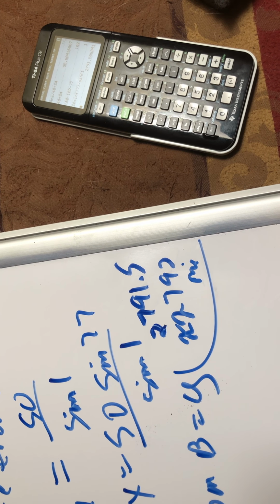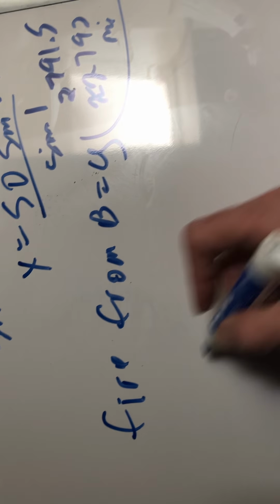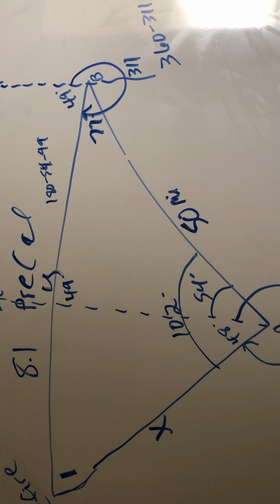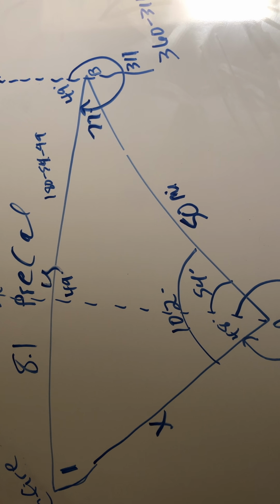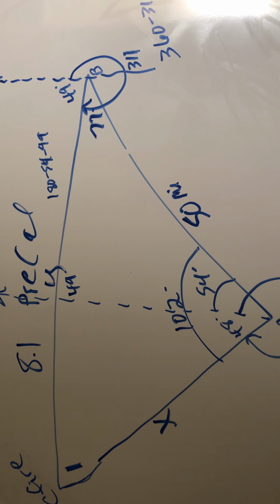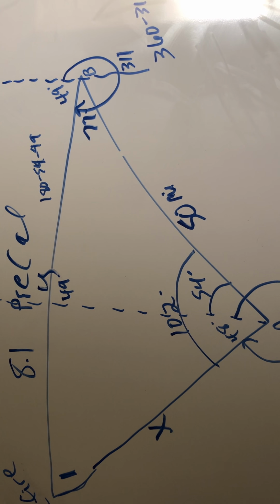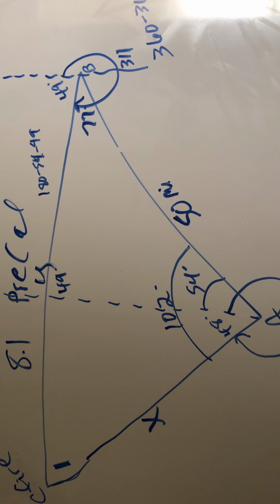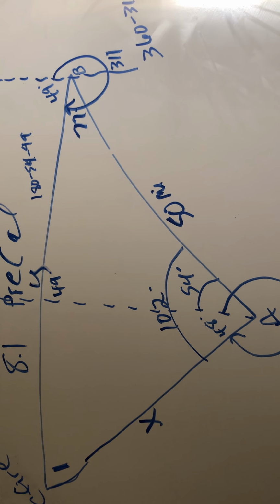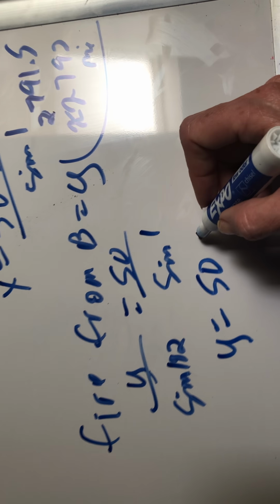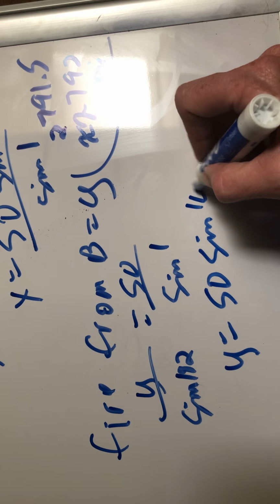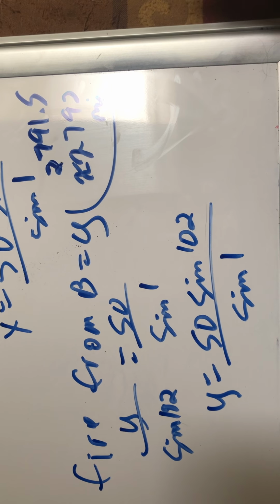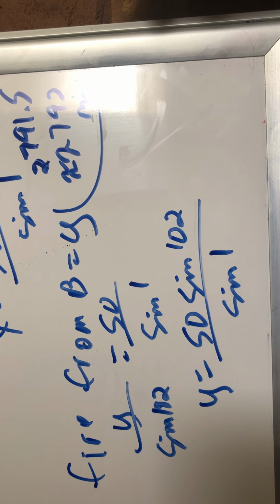Sorry, glare. Okay, then to find Y, again looking at the triangle, it'd be Y over sine 102. And I'm going to use 50 over sine 1 again. So then 50 sine 102 divided by sine 1.